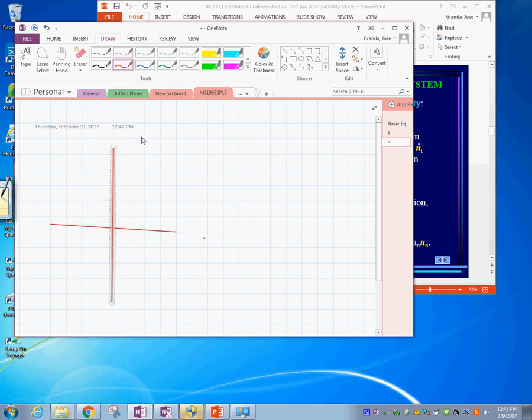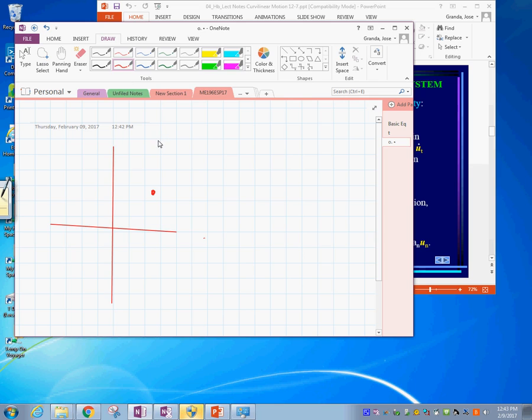And I am going to describe the position of a particle as it is, let's say, over here, right there at some point.